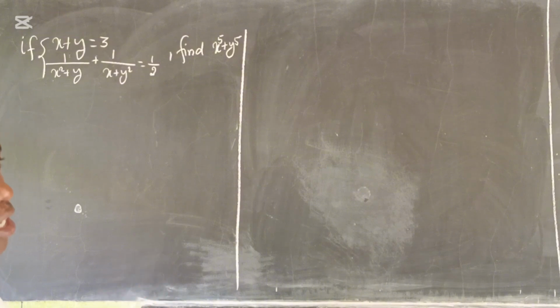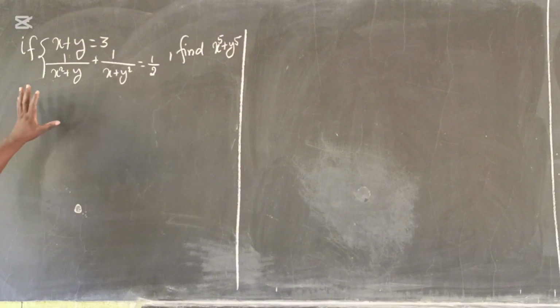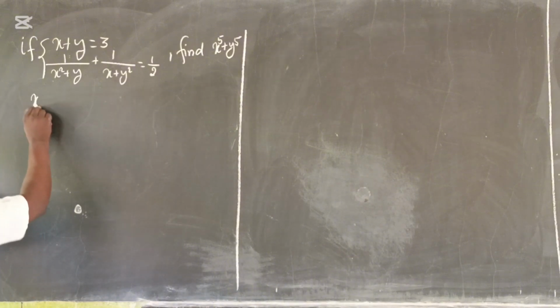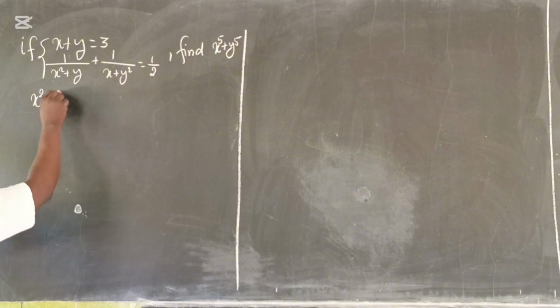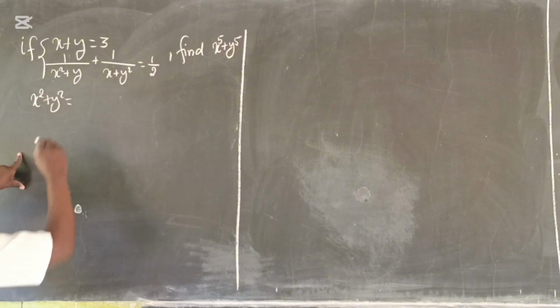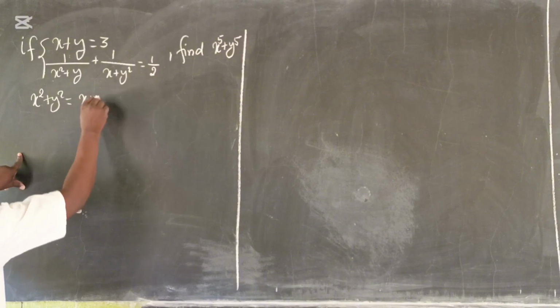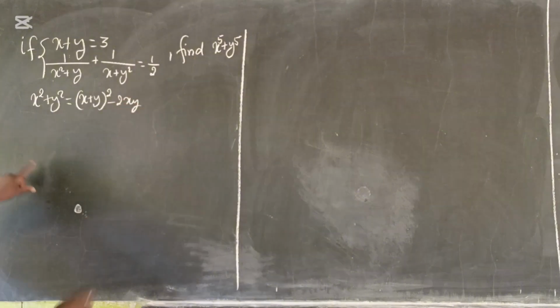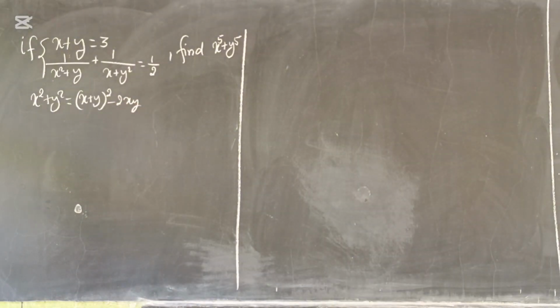Let's start. Before starting to work out, I want to remind you of some basic factorization, including x squared plus y squared. This is equal to x plus y all to the power 2 minus 2 times the product of x and y.